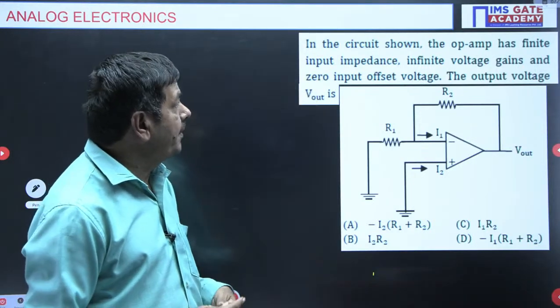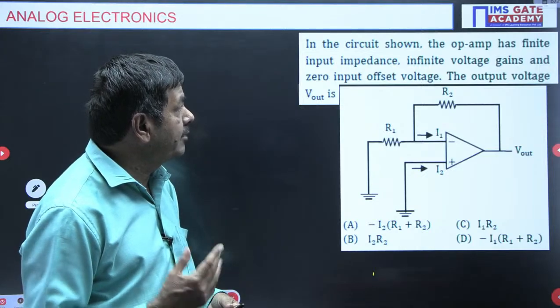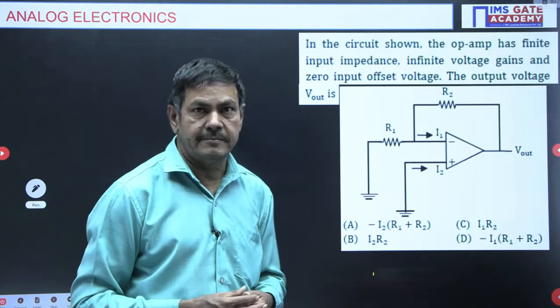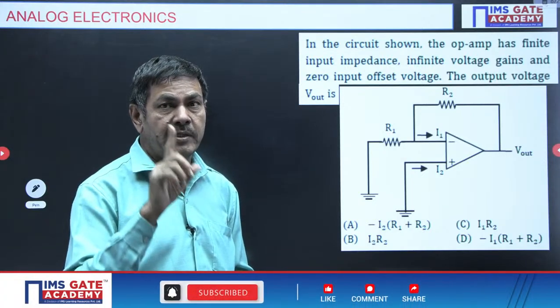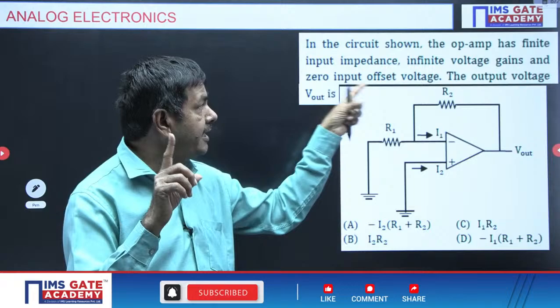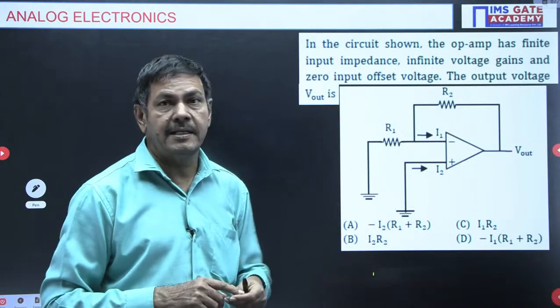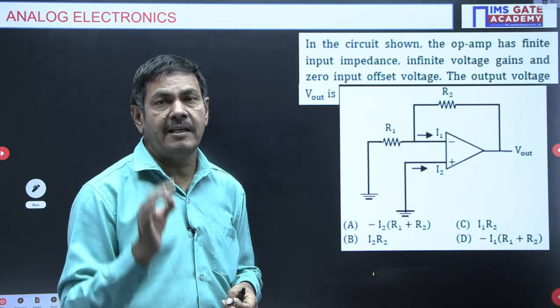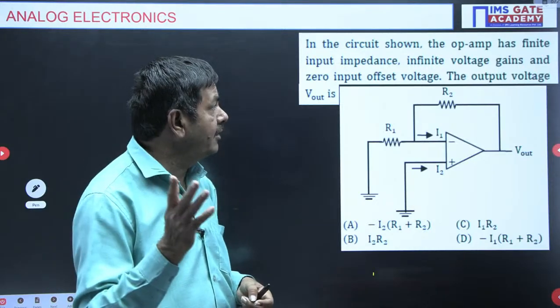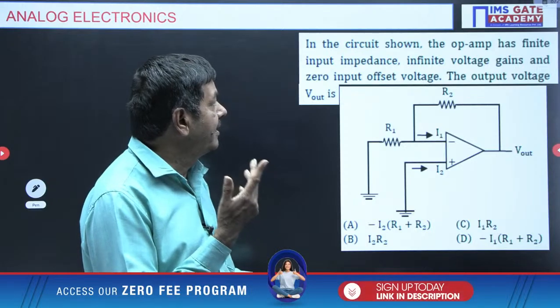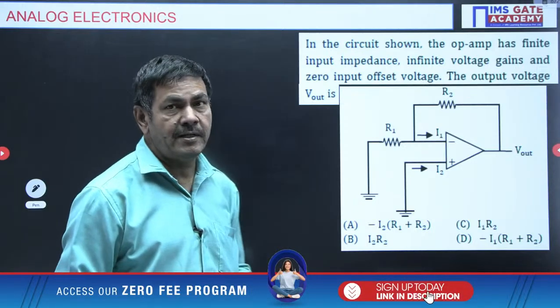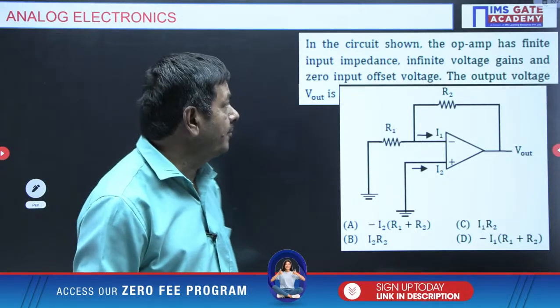The op-amp gives a voltage gain of infinity. Whenever an infinite value of voltage gain exists, you can say it is an ideal operational amplifier.